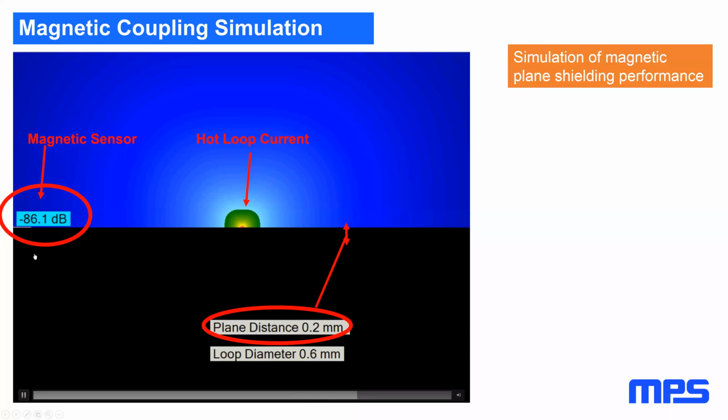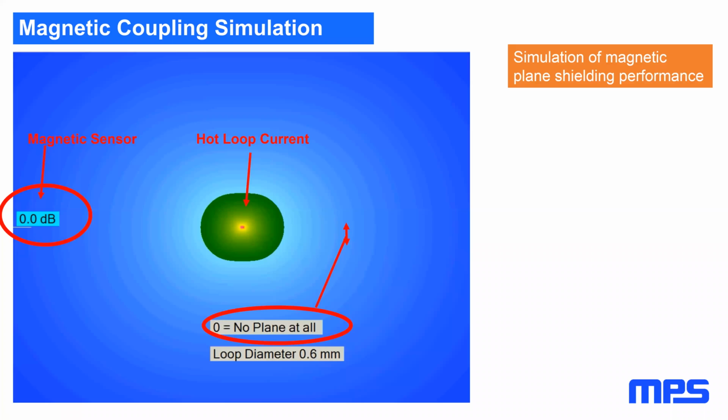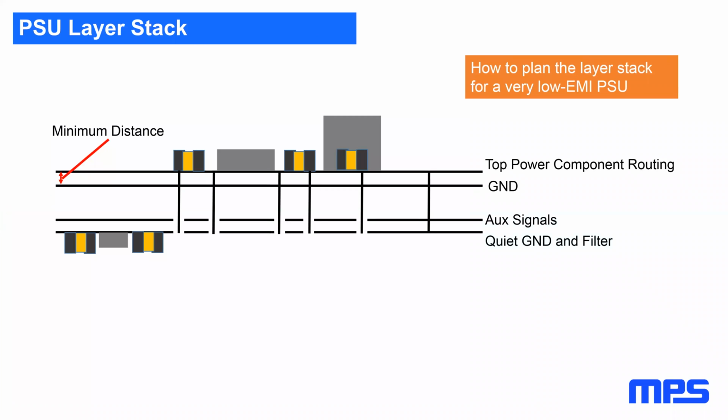So you reach a lot of attenuation if you make a solid ground plane. And it's also clear that the multi-layer board where you get your plane 0.2 millimeter to your top traces performs much better than if you have them only in a 2-layer board where you have 2 millimeter or 1.6 millimeter distance.